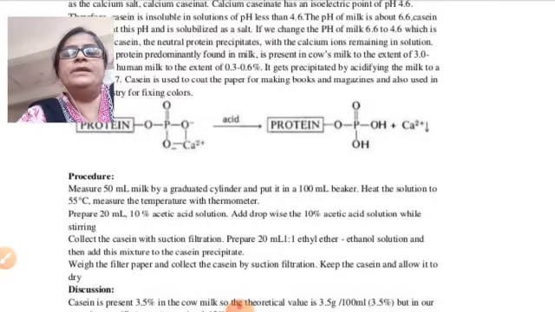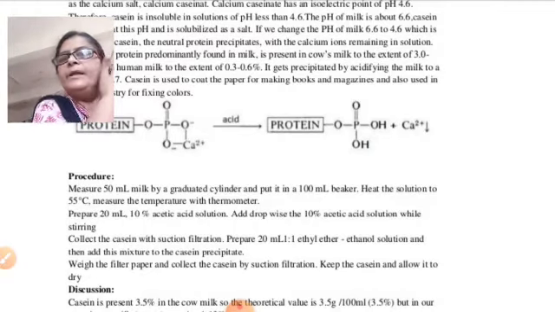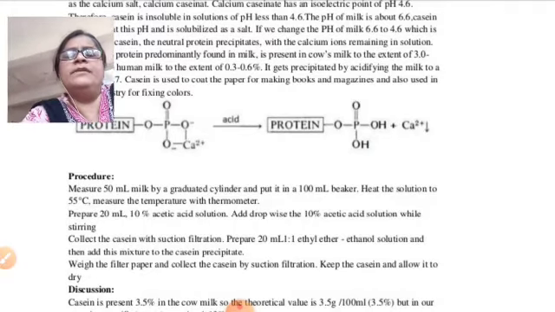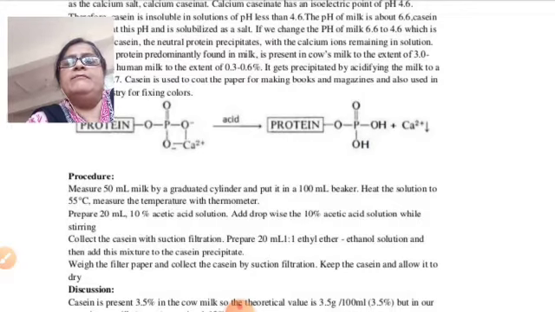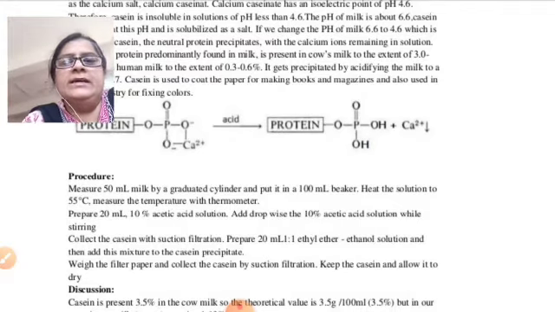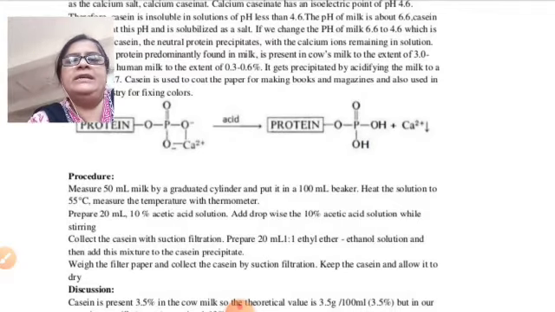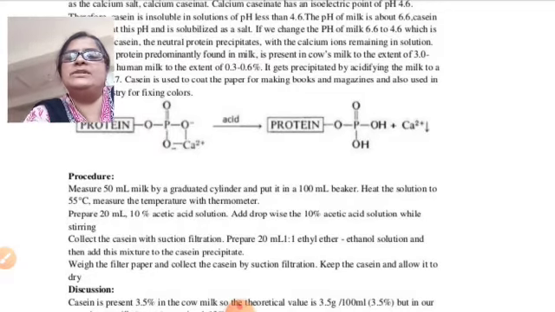We maintain this temperature and then we add the acetic acid solution, which we have already prepared, while stirring. We get the casein, and then we add ethyl ether and ethanol, and we get the solidified casein. Again, what we get is a white precipitate, which is casein.